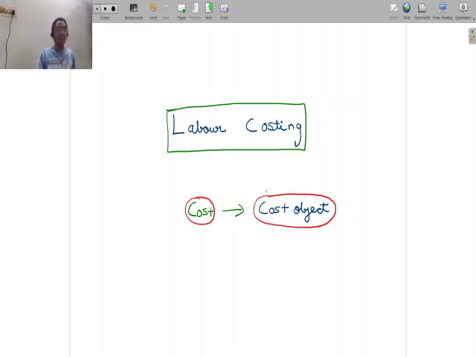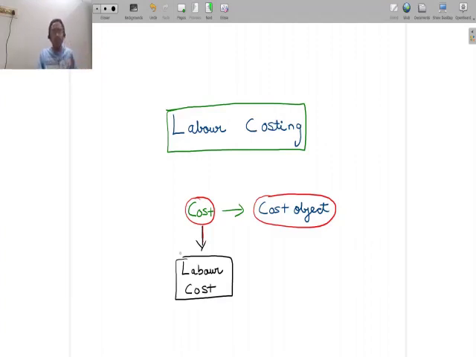So after understanding that there are several types of costs, we understand that one important type of cost is what we call labor cost. And when I say labor cost, what immediately comes to our mind is the cost that an entity incurs to get work done, because work is something that is very important and is common to any type of entity we talk about, be it a manufacturing company or a service company or an education company.